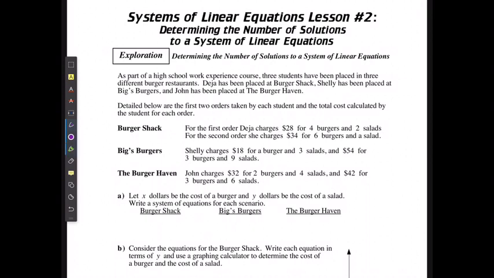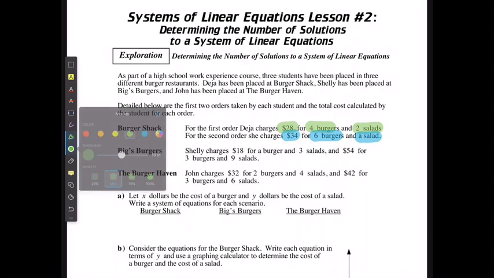So if I look at Burger Shack for Dea, the first one she said was $28 for 4 burgers and 2 salads. For the second one, she said that it was $34 for 6 burgers and 1 salad.